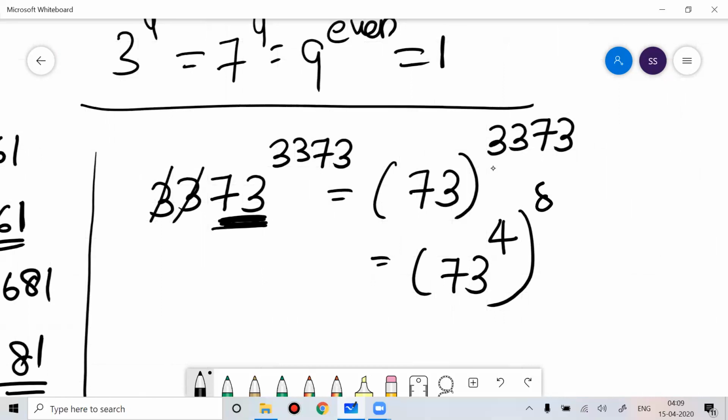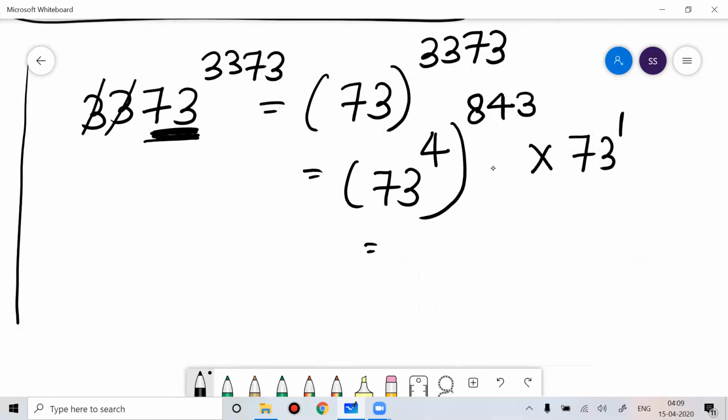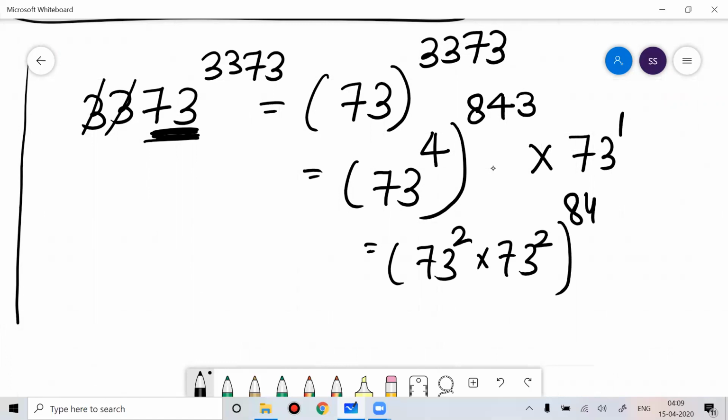Now you can write the exponent in this form: 8 times 421 is 3368, plus 5 gives 3373, so 73 to the power 3373 can be written as 73 to the power 4, raised to 843, into 73 to the power 1.